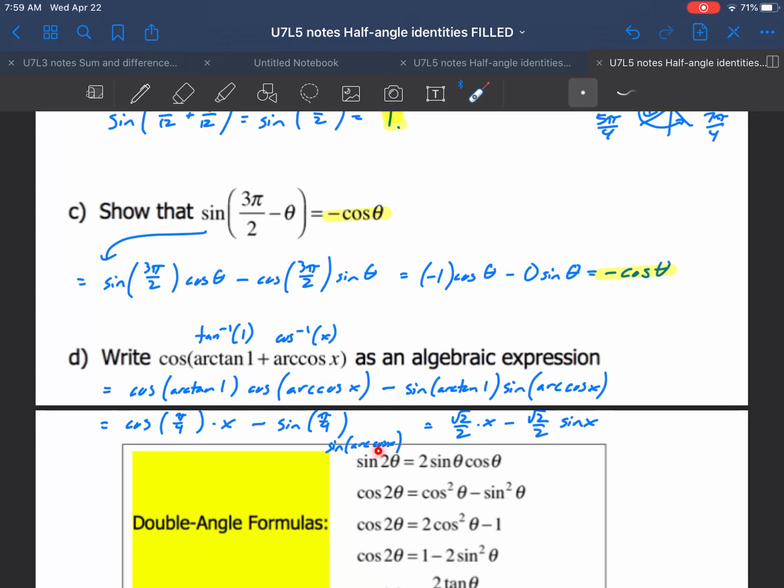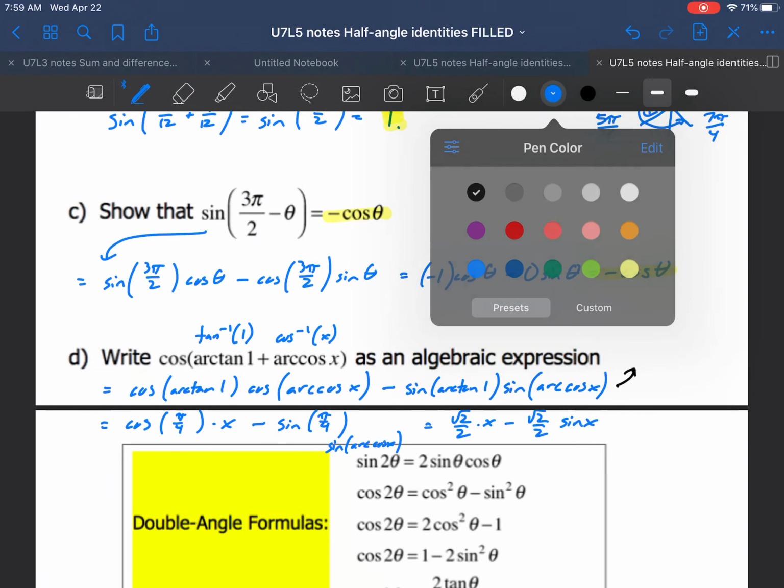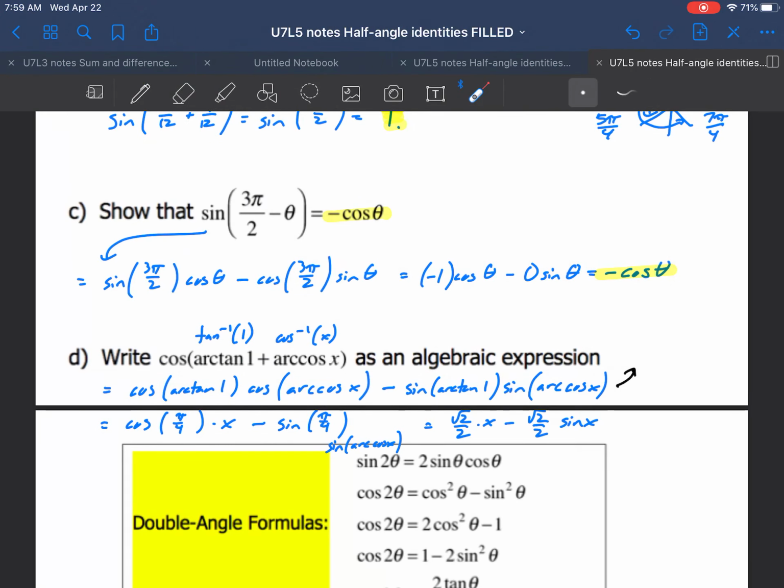So, how do we do this? What is the sine of the arc cosine of x? Well, this is what I'll do. I'll do it here. The sine of the arc cosine of x, right? Get a different color here. What this is really asking is, what's the sine of some angle that has a cosine of x?